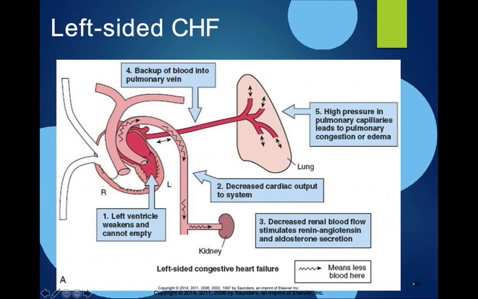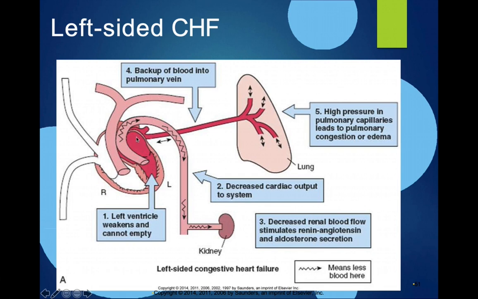So if we look at the picture, when you see these squiggly lines here, it means that there's less blood here. If there's less blood coming out here, let's start with the cause of this.